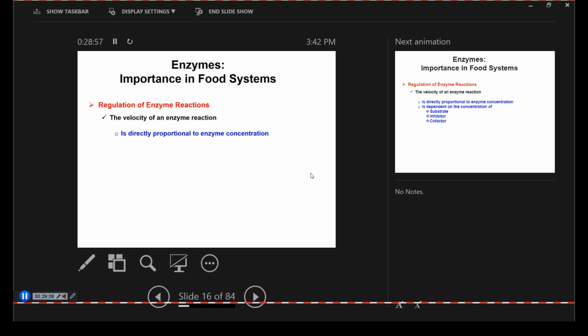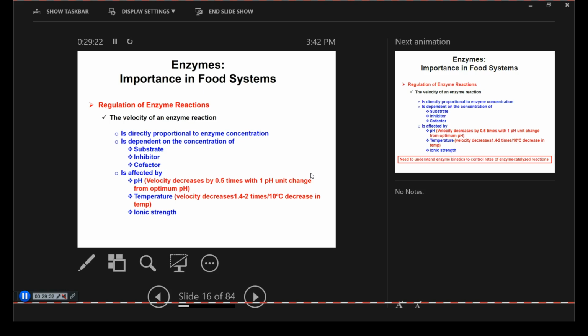So the more enzymes you have in your system, the higher the rate of the conversion of substrate to products. It is also dependent on the concentration of the substrate, which we'll talk about a lot, presence of inhibitors, and presence of cofactors. Like I said, sometimes the enzyme, in order to be active or more active, needs cofactors or coenzymes. All of these factors, we'll talk about them individually later on.